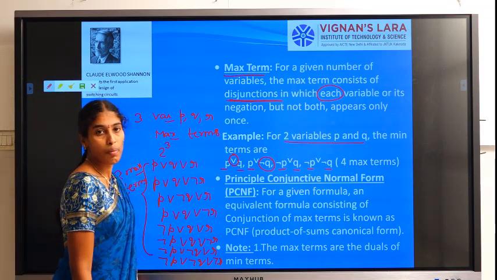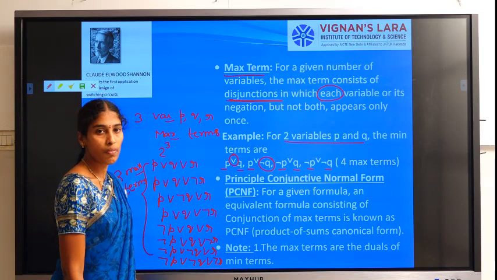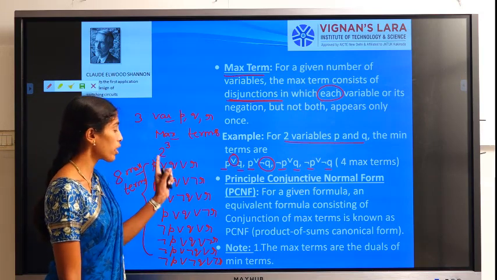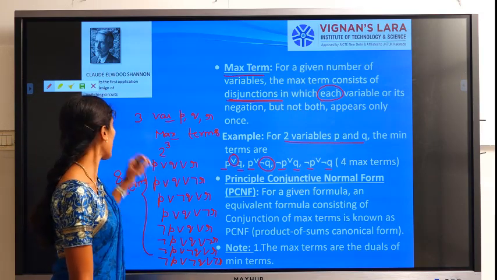So if the given proposition consists of n variables, then the corresponding max terms are 2 to the power n.